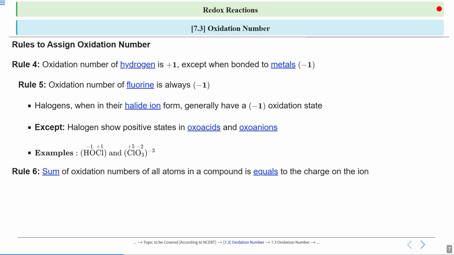Thus we can say that the sum of oxidation numbers of all the atoms in a compound equals the charge on the ion.